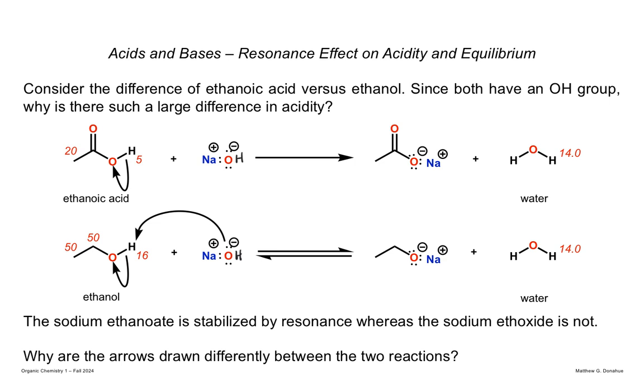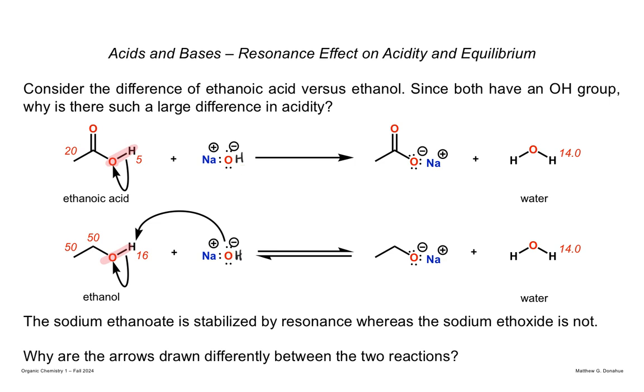Both of them have OH. The numbers in red are the pKa values. The OH group in ethanoic acid has a pKa of 5. In ethanol, it's 16. The base is the same.